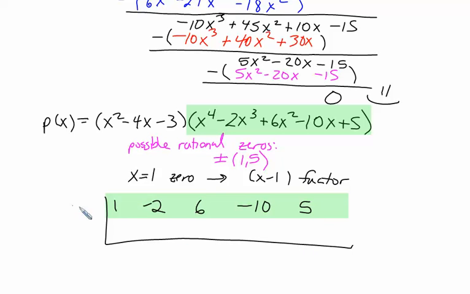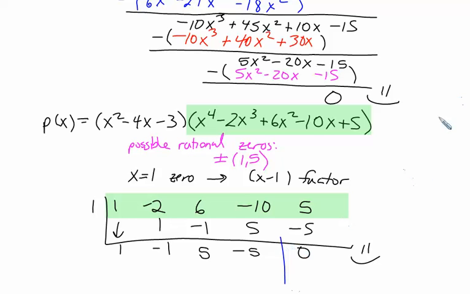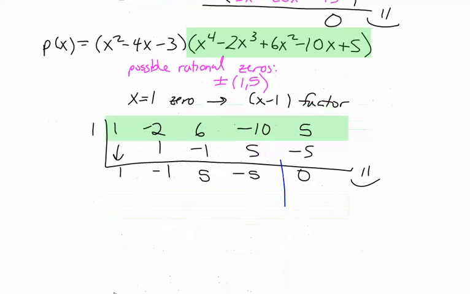We're not missing a term, so we're okay. Put the value of x that makes the factor 0 over on the side. Carry down, multiply diagonally, add vertically. Multiply diagonally, add vertically. And we know what the remainder should be again. It's part of the reason why these problems are nice. Your remainder should always be 0 if you are doing things correctly.